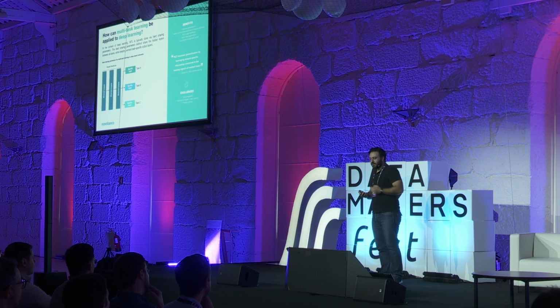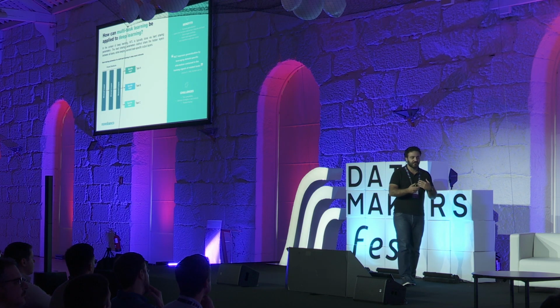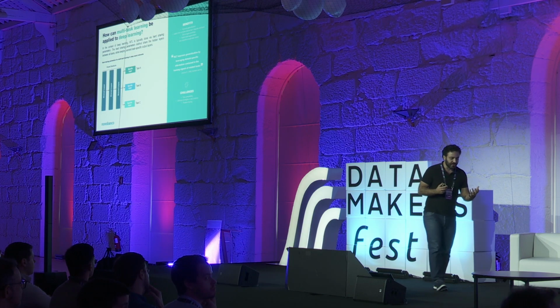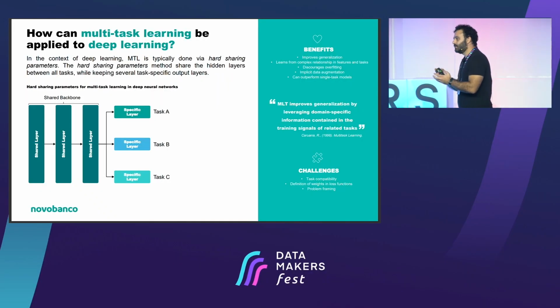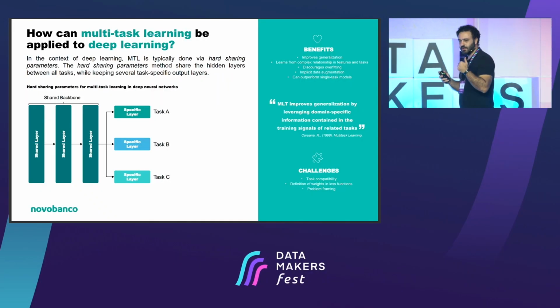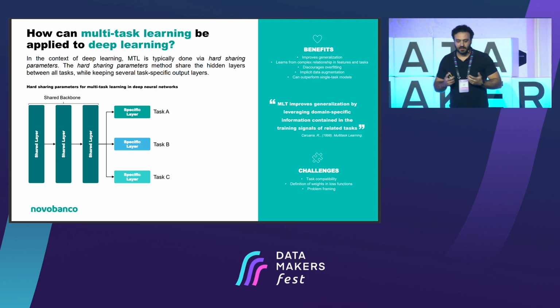And then another benefit is that, let's say that you have a task that is abundant with data, and then you have another task which is scarce with data. Actually, since these models learn from the complex data relationship, but also from the task relationship, the task with scarce data will learn from the task with more data. So this is another benefit.